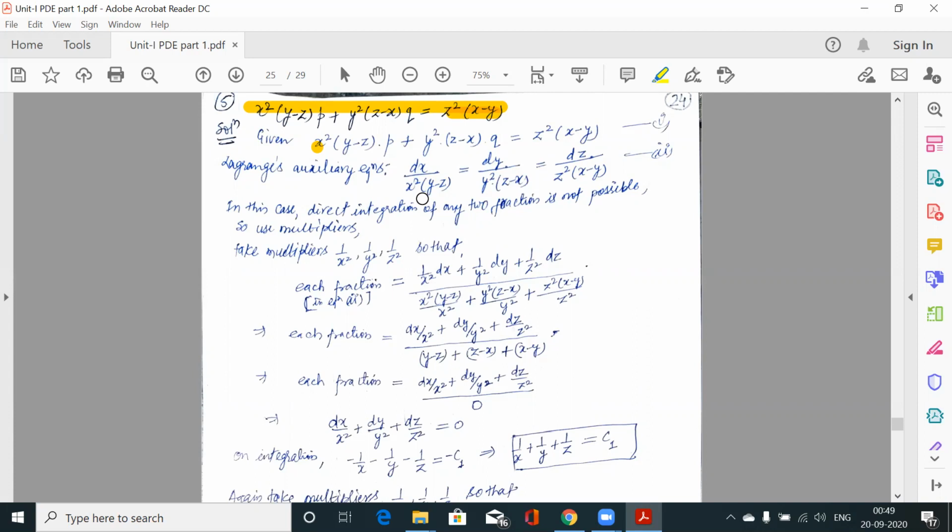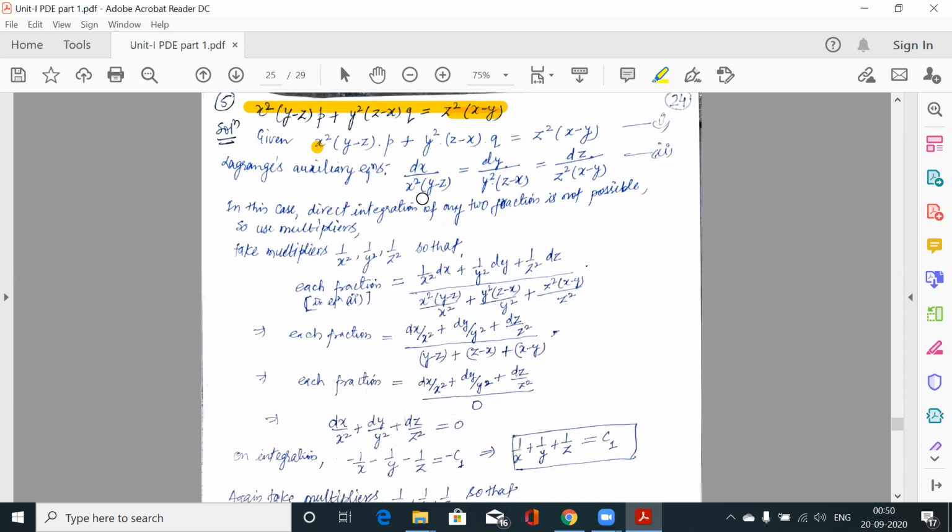The multipliers are not fixed. They vary with the questions. Different questions have different multipliers. So there is no rule of thumb that you can remember these multipliers. It totally depends on the question, which multipliers will make the integration possible.